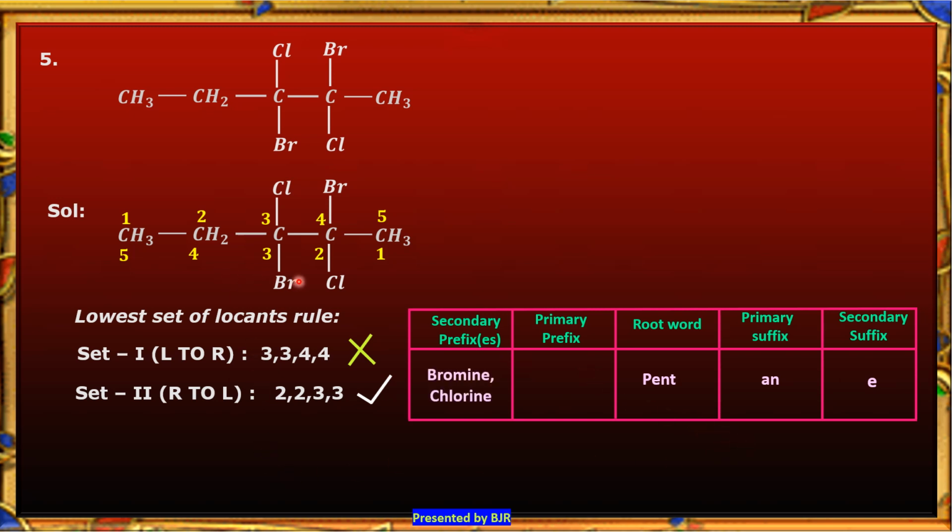Now we have to write the name according to the alphabetical order. Bromine comes first, so right to left numbering is correct. So 2,3-dibromo, 2,3-dichloropentane.